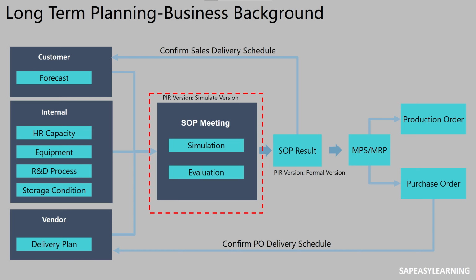For all this information in the SOP meeting, we need a simulation and some evaluation. Without a system tool, it will be very hard for us to do the evaluation and the simulation. Don't forget, if we cannot achieve what we promised to the customer, we will have to pay their loss and even lose this customer.